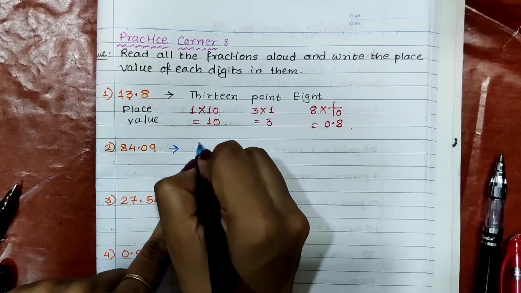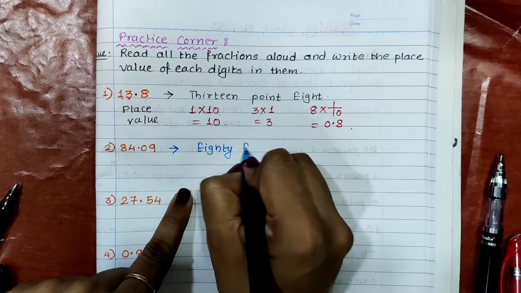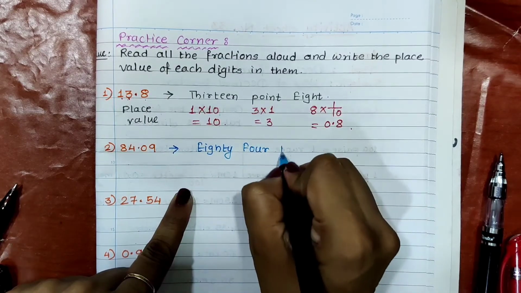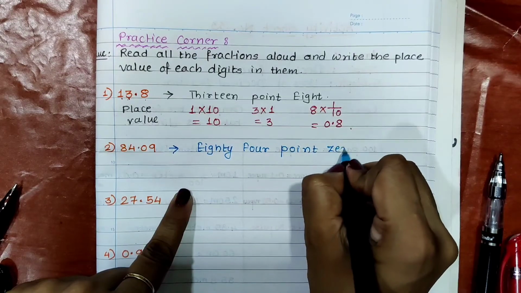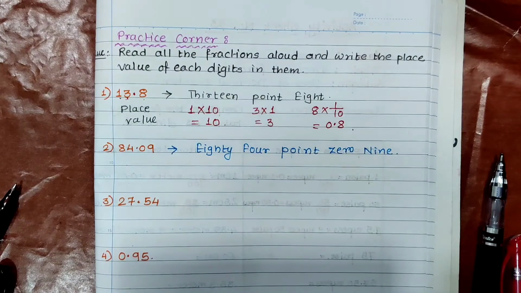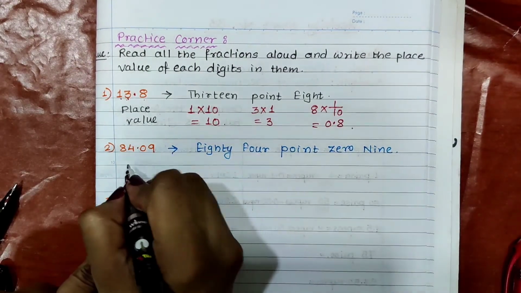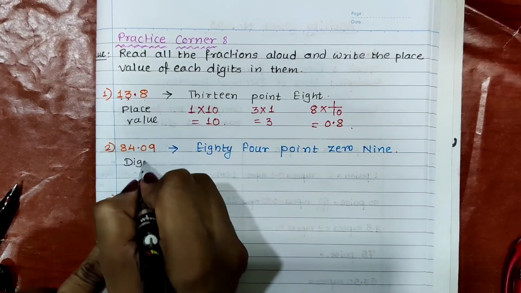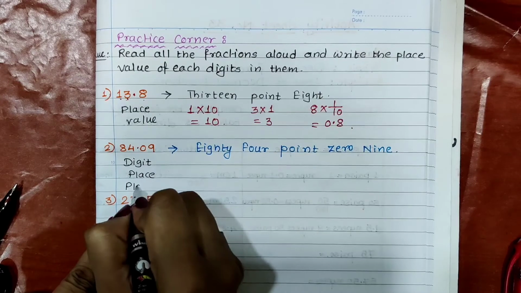So it is 84.09. Okay, and now we have to write their place value. So I will be writing digit, place and then place value.